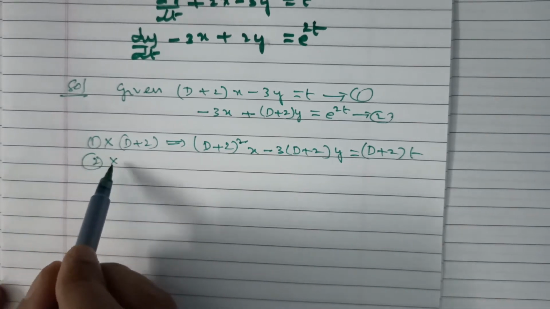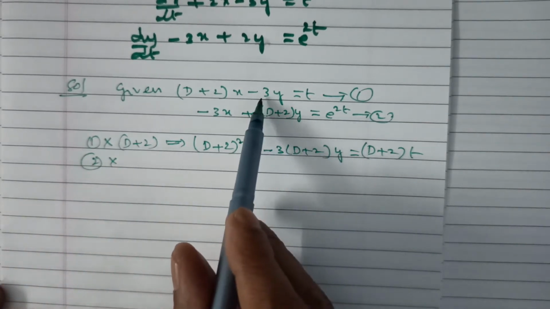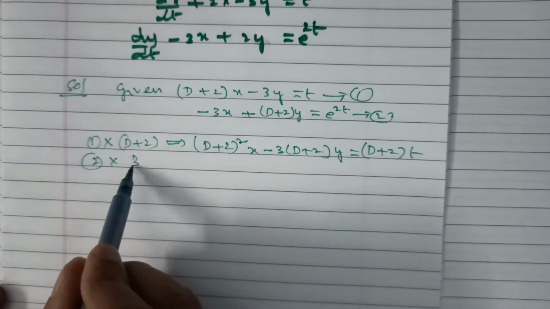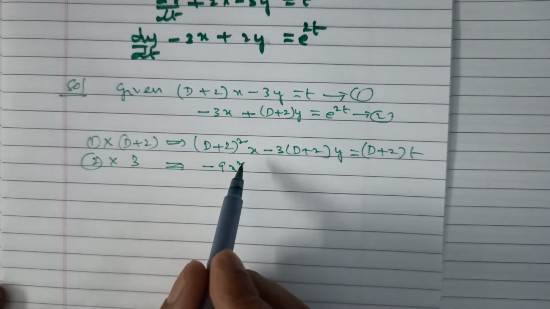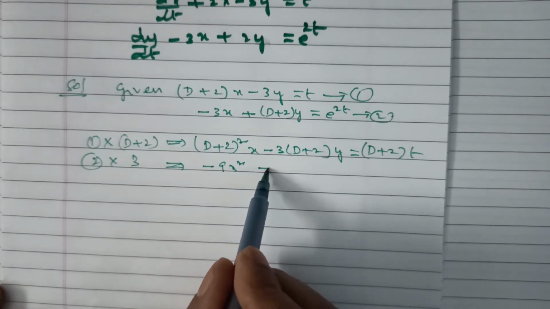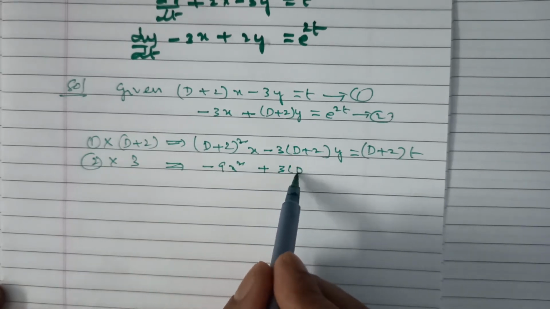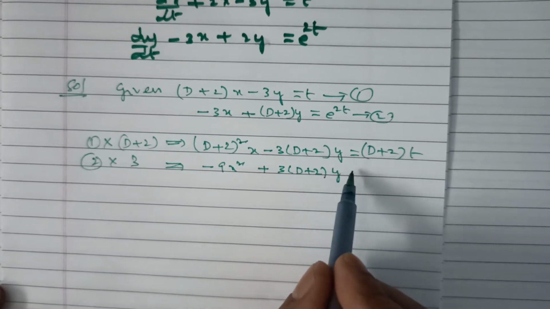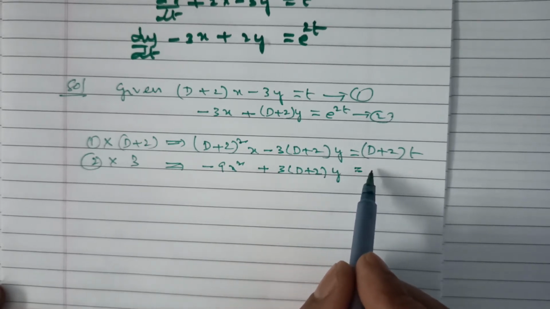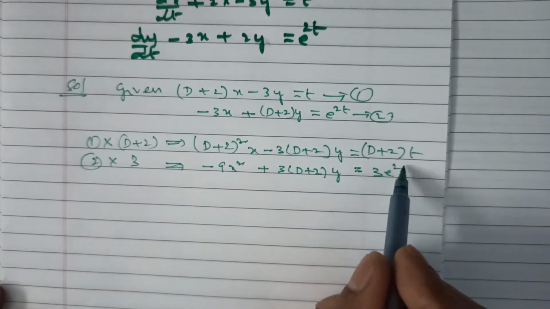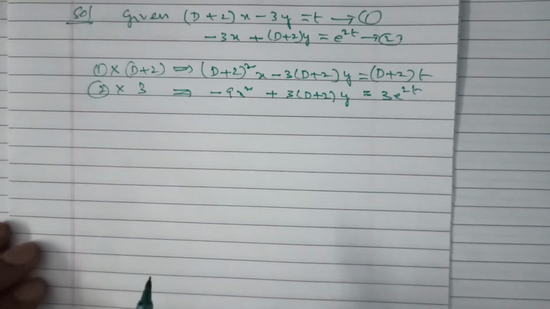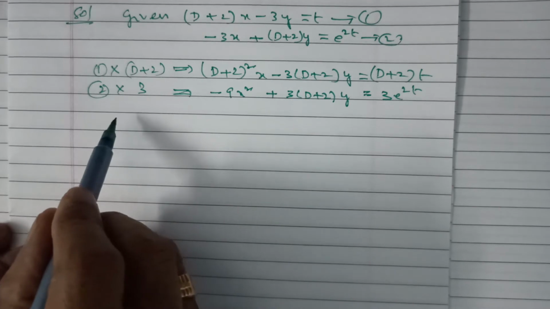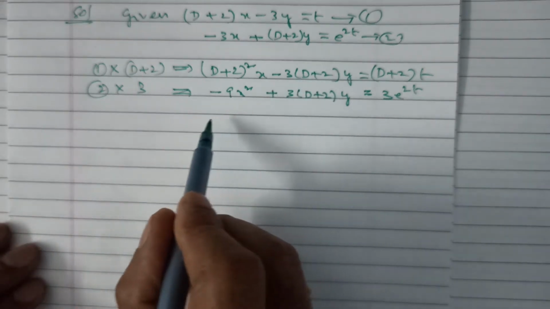Second equation, multiply by 3 to eliminate y: minus 9x plus 3 into (D plus 2) into y is equal to 3 e power 2t. So subtract means negative signs are there.